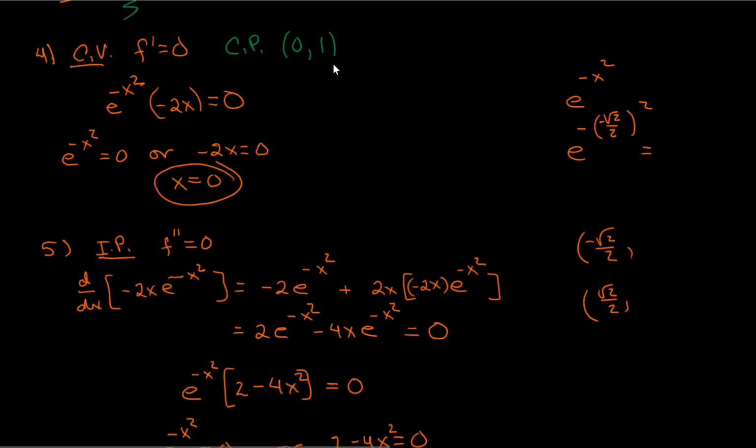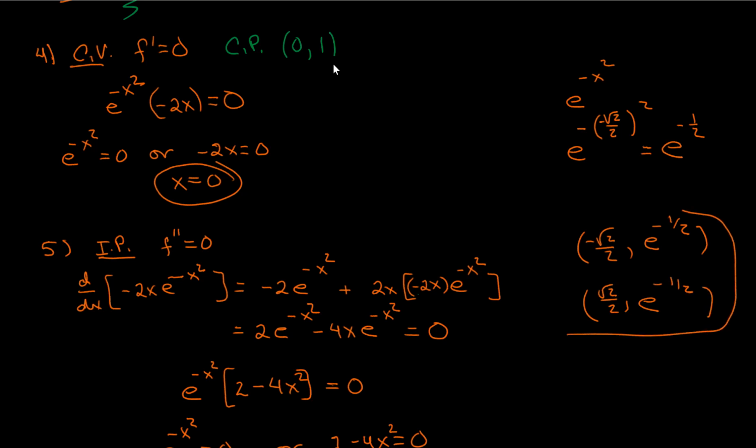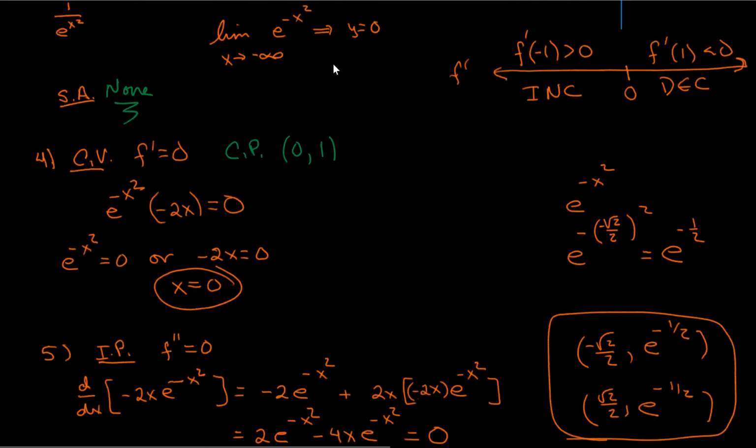And what this is going to give me is, let's see, it's going to be 2 over 4. The negative on the outside will stay, and it's e to the negative 1/2. So there's that. When we evaluate square root 2 over 2, we wind up with the same thing, e to the negative 1 over 2, like that. Here are our two potential inflection points.